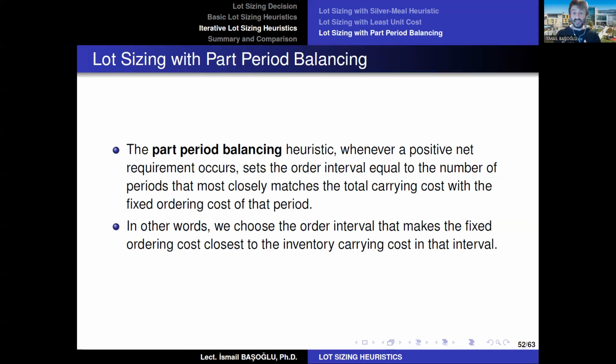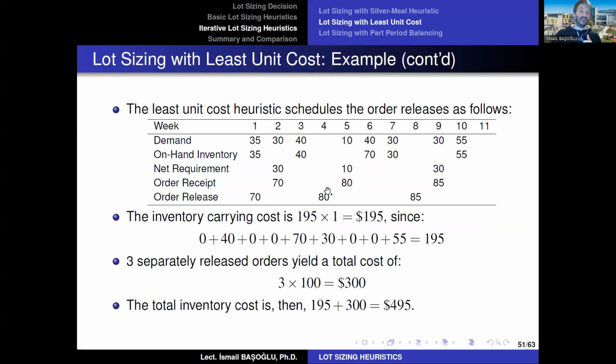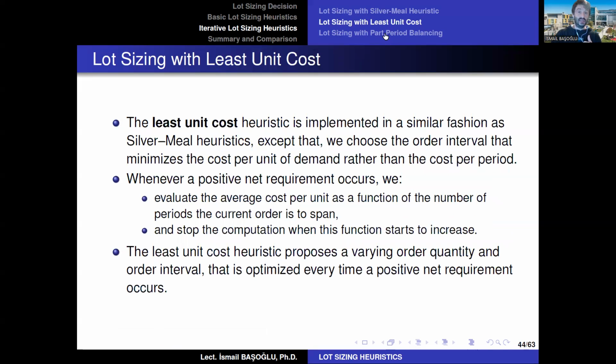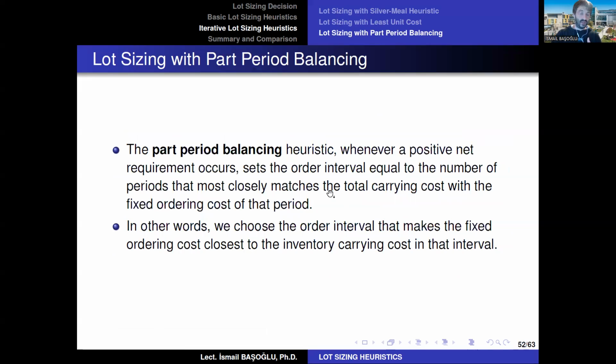Now, though this is a natural outcome of the economic order quantity formulation, we are just going to take this idea, and instead of calculating the average cost per period or average cost per unit, this time we are going to stop at a period at which the fixed ordering cost component is approximately equal or very close to the inventory carrying cost when our order is to span the demand of the following T periods, okay?